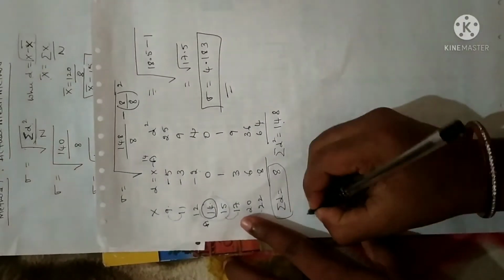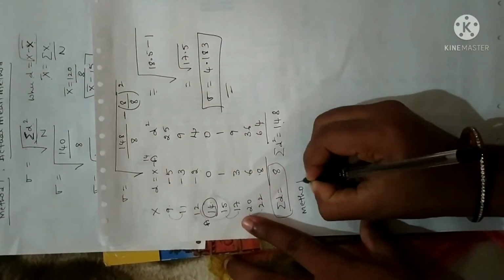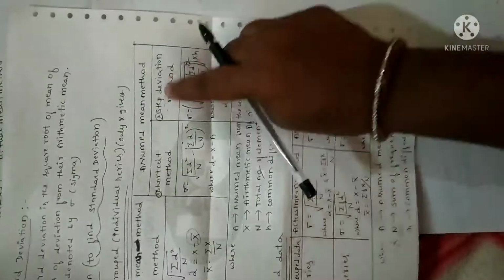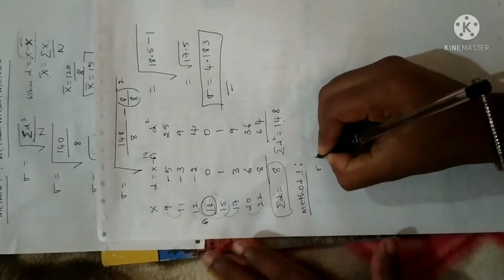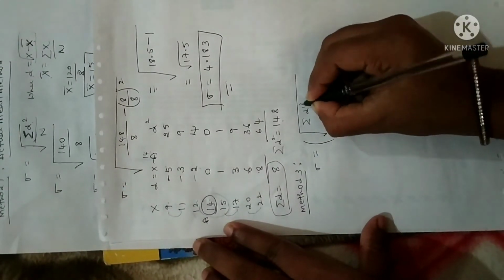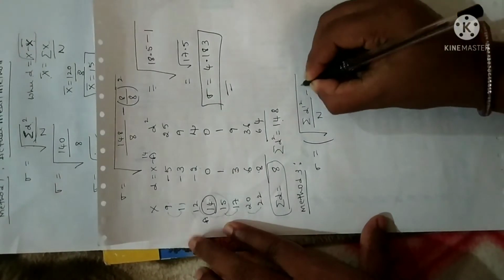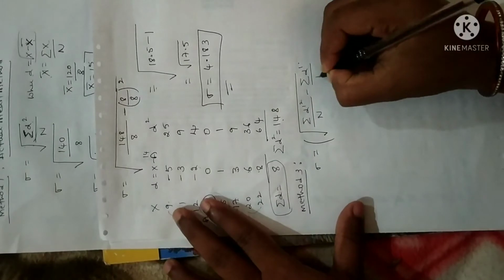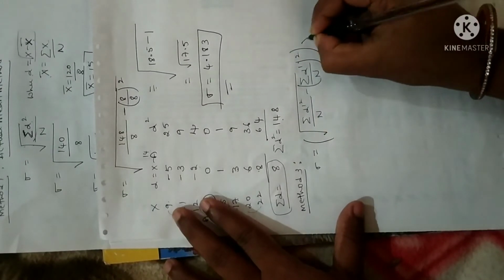Clear? Now let me do it in the third method. So method 3 is step deviation. I am going to write the same formula. So sigma is equal to square root of sigma D dash square divided by n minus sigma D dash divided by n whole square, into h.